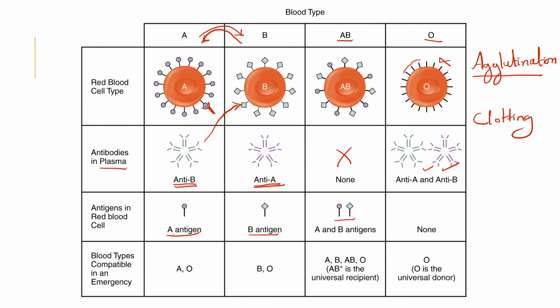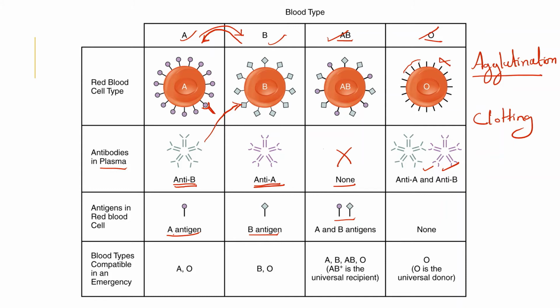But due to absence of any antibody in a person who has blood group AB, anyone can give blood to AB because there is no antibody, nothing to react with the antigens. The person who has blood group AB can receive blood from A, B, AB himself, or O. On the other hand, the person who has blood group O doesn't show presence of any antigen on his RBC.